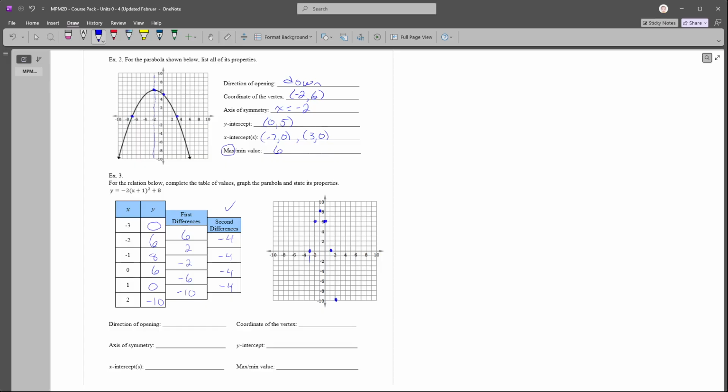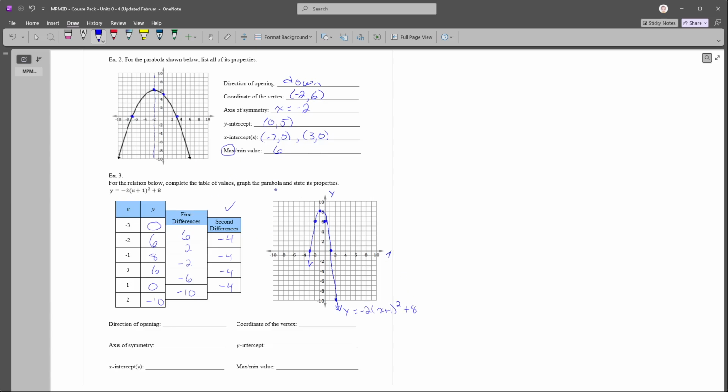So if we draw our curve, okay, label everything x, y. Y is equal to -2 times (x plus 1), all squared, plus 8.